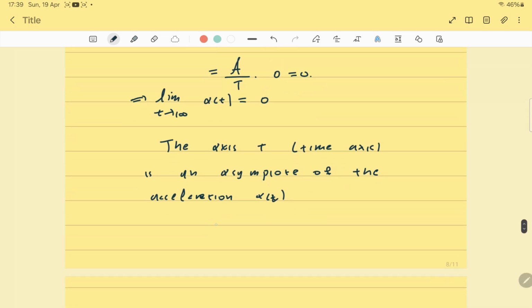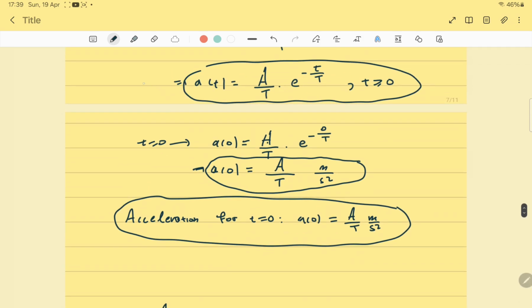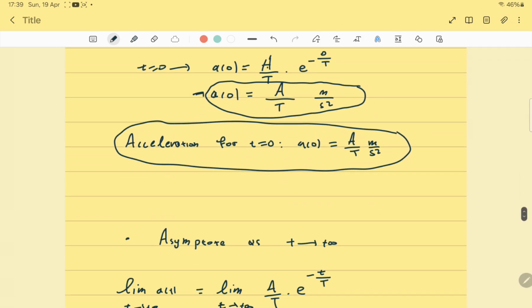Okay, so the asymptote is of the form y equals 0. That is the asymptote. And of course I have the formula for the acceleration written here.